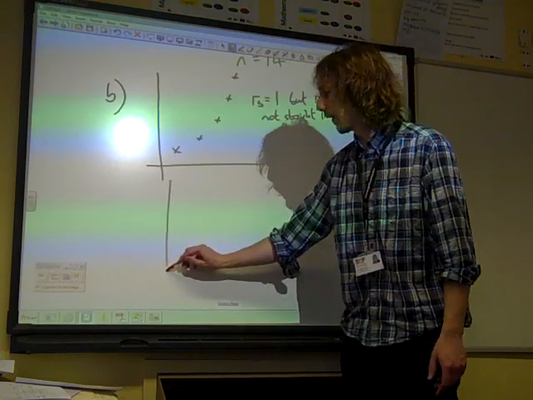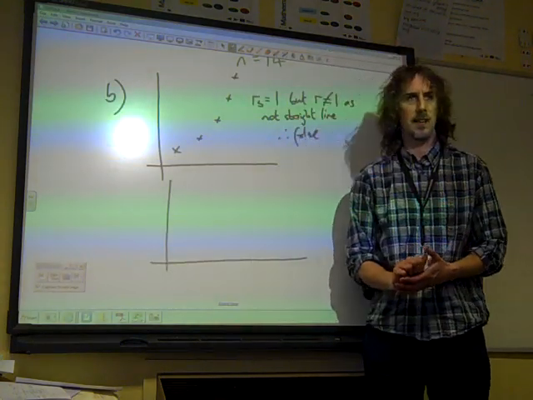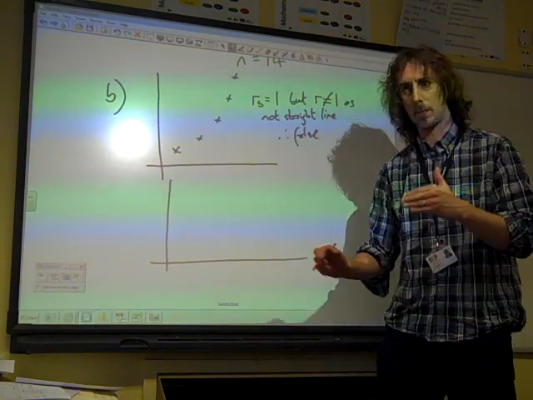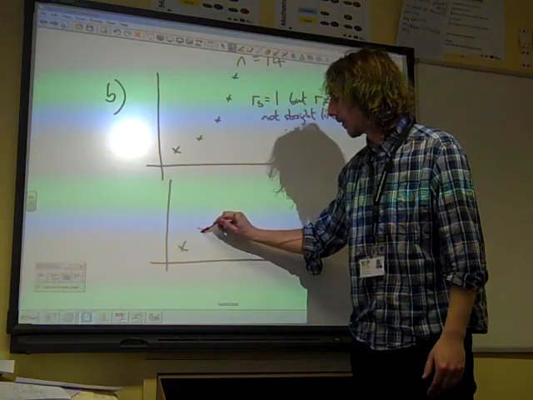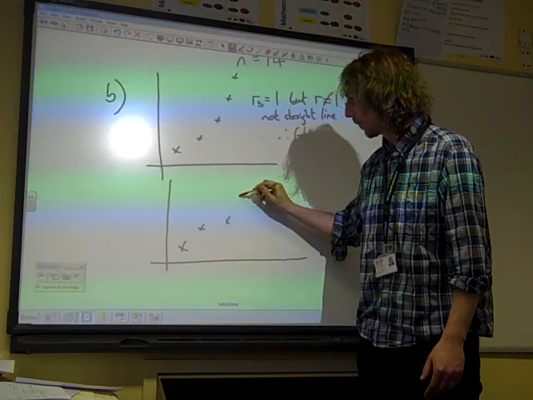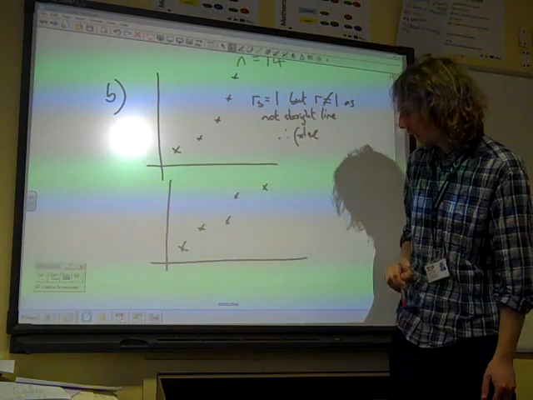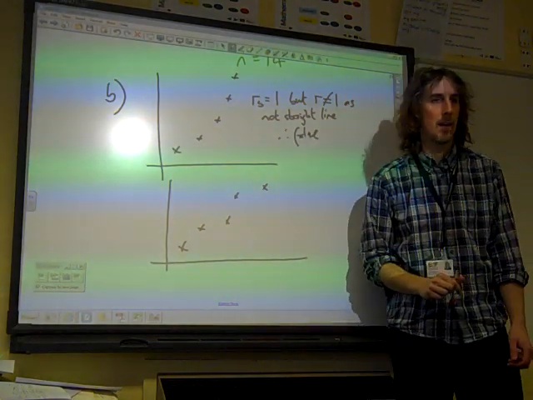Or you could have gone for the kind of stepped zigzag effect, but you have to be really careful with this to make sure that you get the steps right. So we could have done something like that.